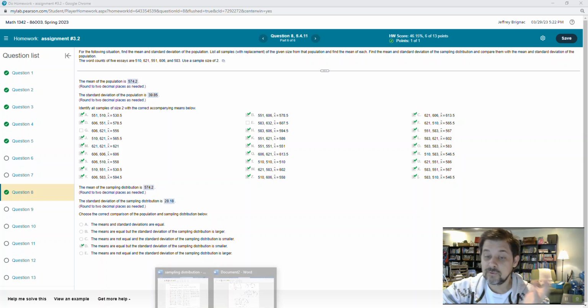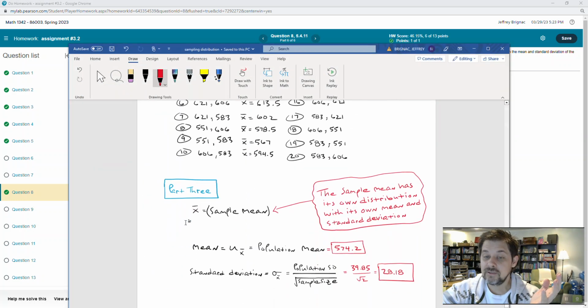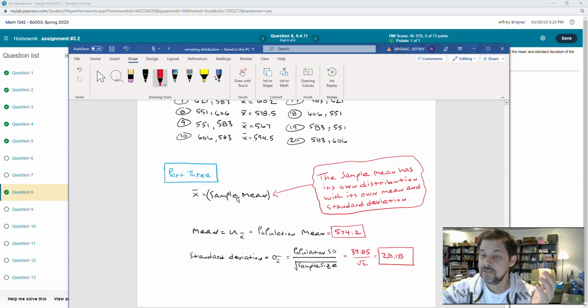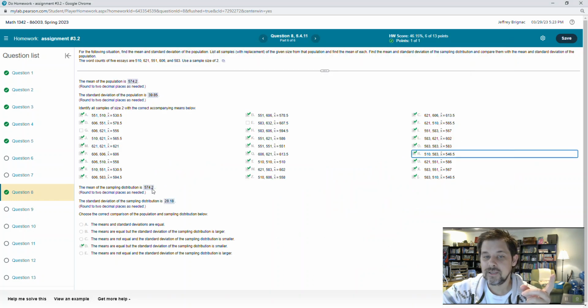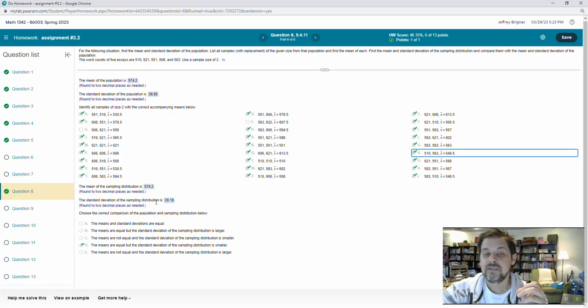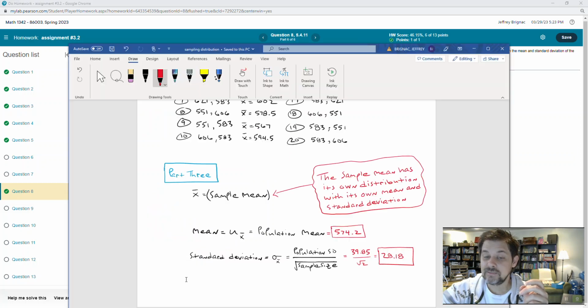Now, okay, so for that, here's how we would go. X bar is the sample mean. It has its own distribution and its own standard deviation. For the sample mean, its own mean is the same as the population mean, which we already calculated to be 574.2. So the mean of the X bar distribution is 574.2. The standard deviation is a little bit different.